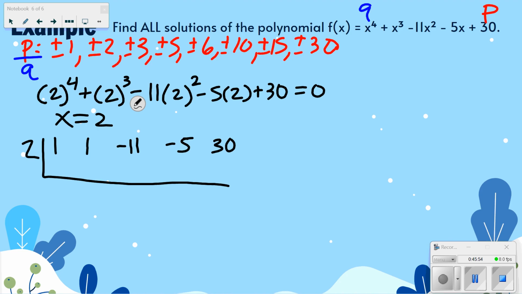And once again, if you like long division, just do whatever is your favorite from there. But I think synthetic division moves a little quicker, so I'm just going to use that. Alright, so why don't you guys take a moment and finish the synthetic division on your own, and let's see what you find.